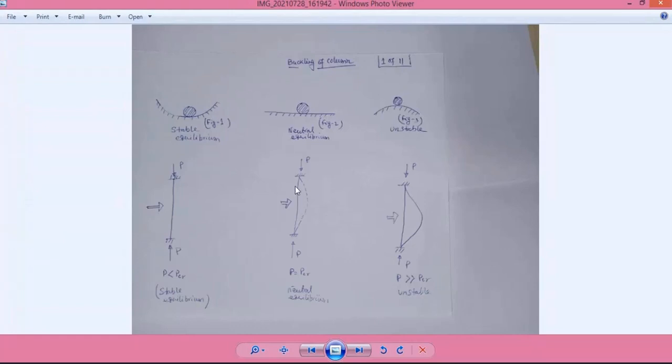Due to this horizontal force, the column gets buckled. Due to this P load alone, the column does not get buckled, because the line of action of this P passes through the centroid of the cross section of the column. Due to this horizontal force, the column will get buckled.